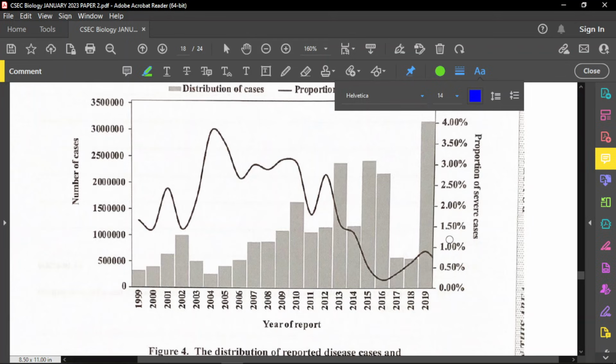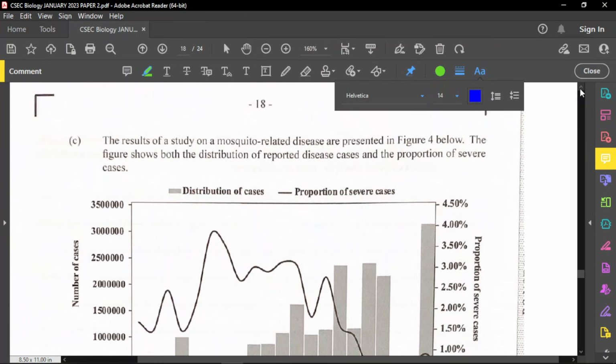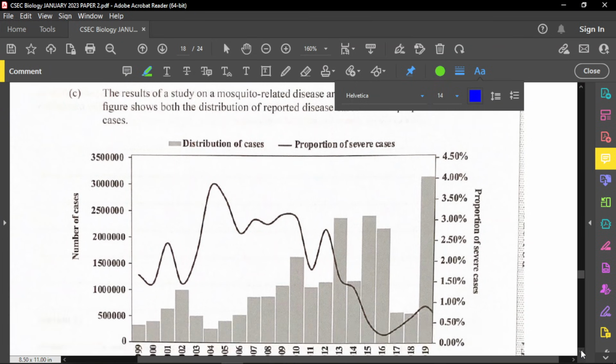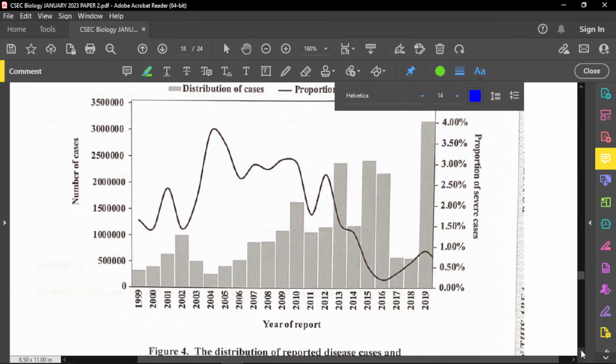And what could happen here is that you can have a lot of rainfall, for example, and rainfall will lead to catchment of water in different areas and increased reproduction in mosquitoes.